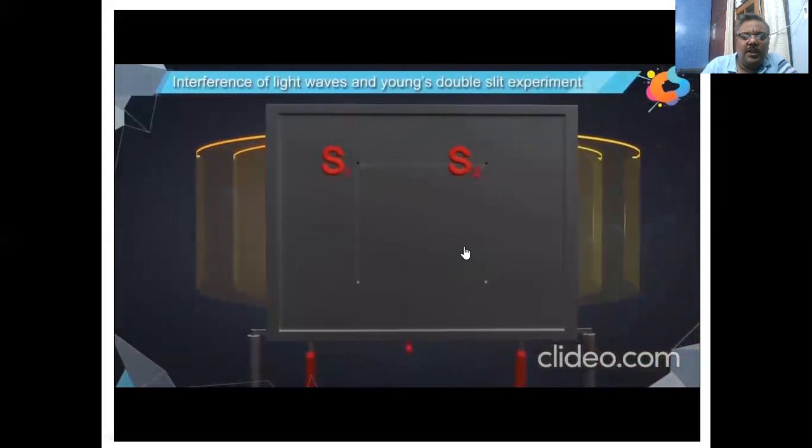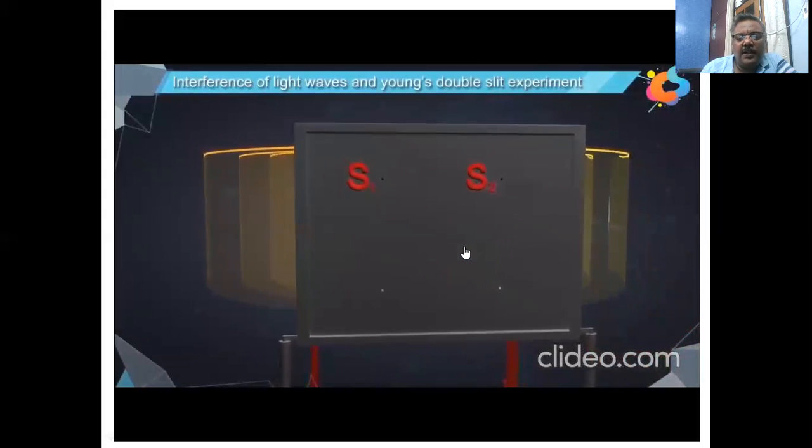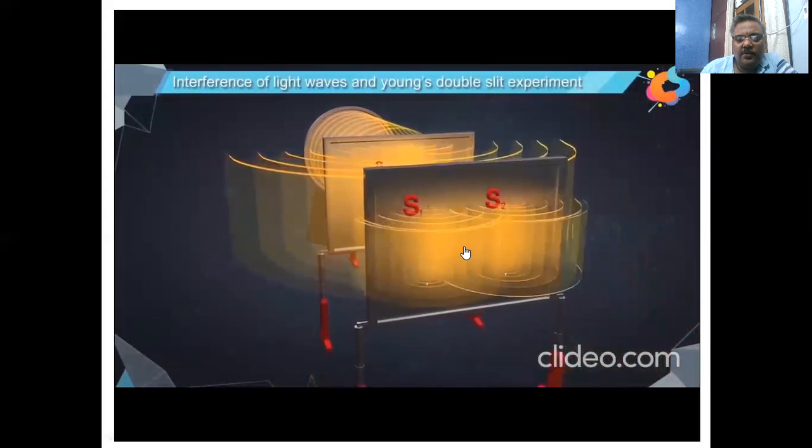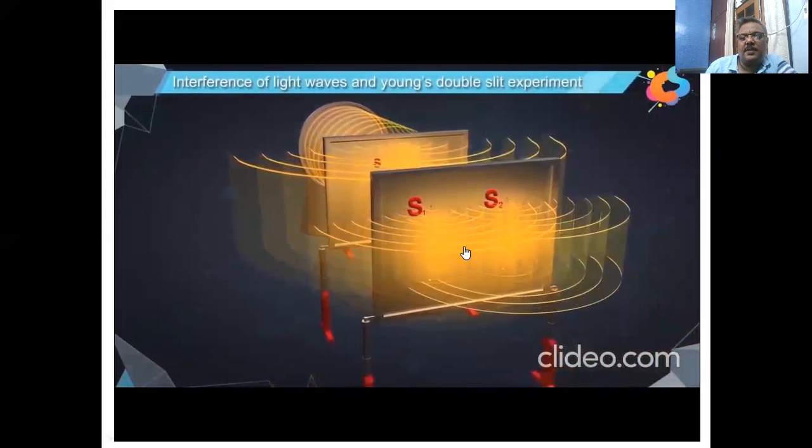Then we have two slits separated by a distance, which will be the coherent sources. Now light will come from these two slits. They will be the two coherent sources. And since we have used slits rather than the pinhole which was used initially, we have cylindrical waves here. So this is the wave pattern that will be formed.